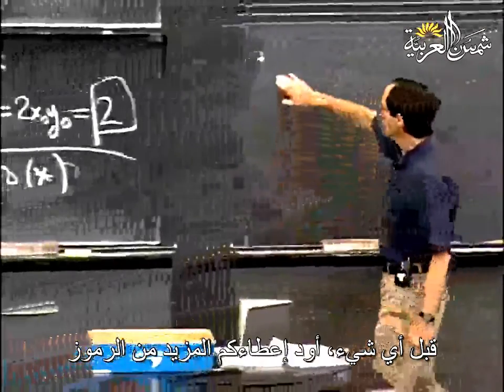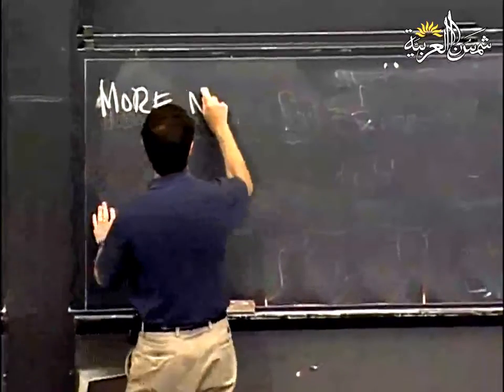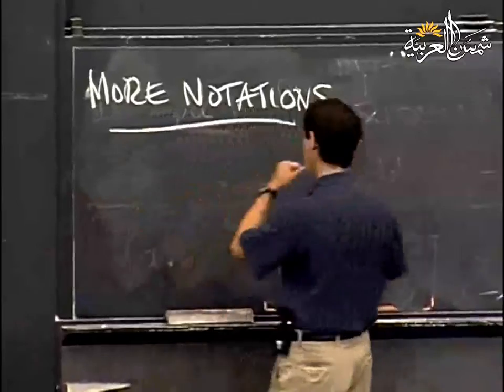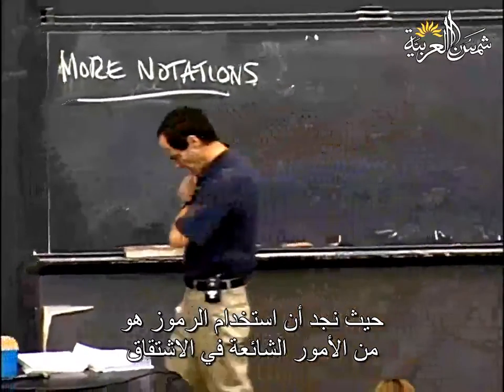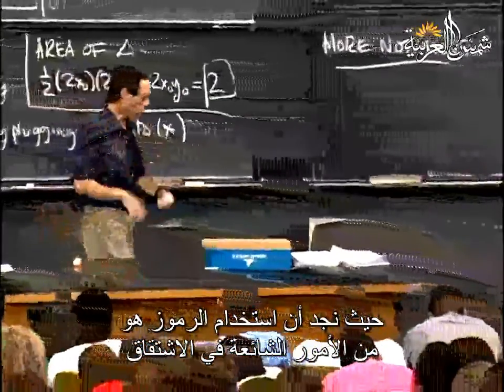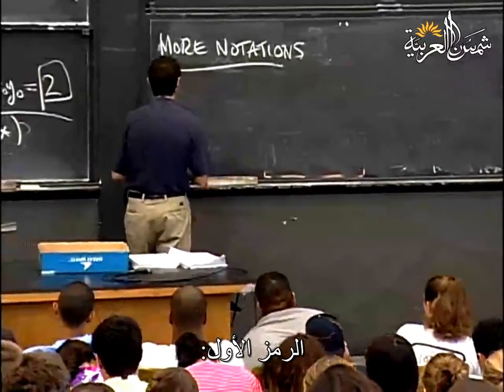So first of all, I want to give you a few more notations. And these are just other notations that people use to refer to derivatives. And the first one is the following.